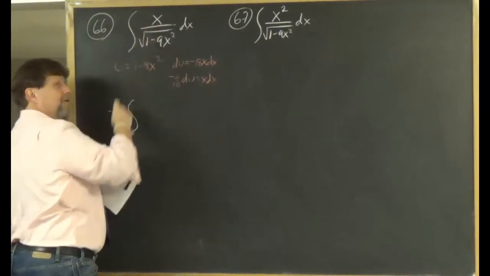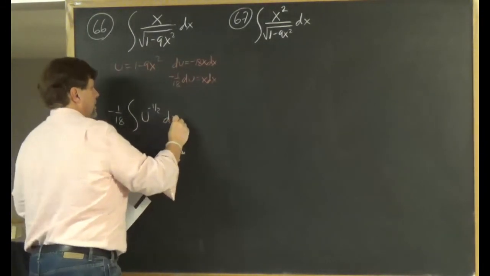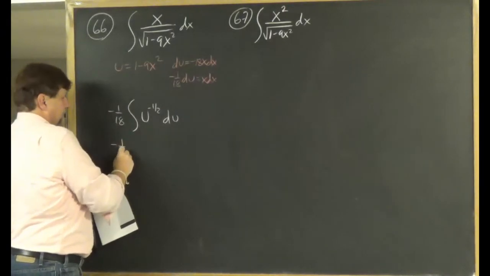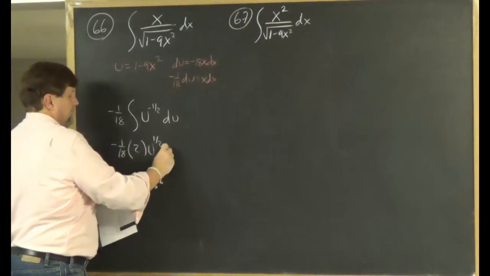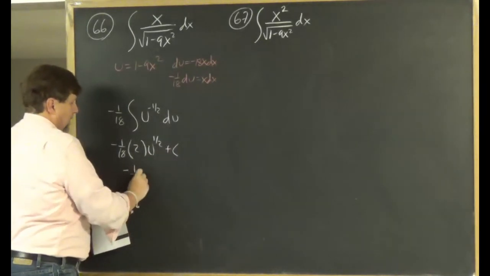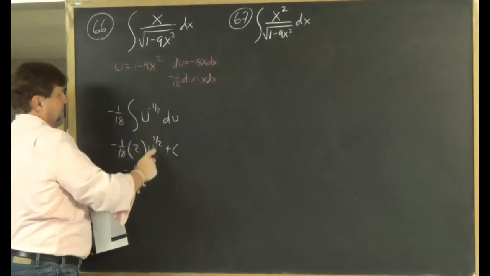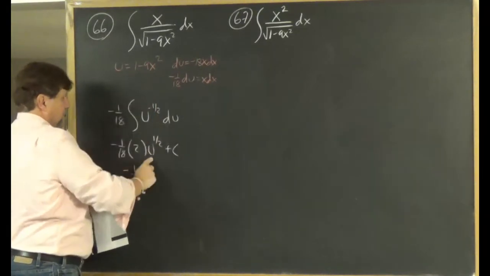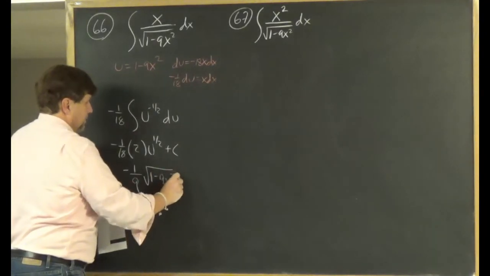We'd have 1 over the square root of u, so that's u to the negative 1/2. Get an antiderivative: negative 1/9 u to the 1/2. So I'll write that as the square root of 1 minus 9x squared.